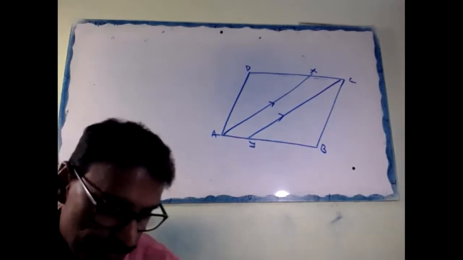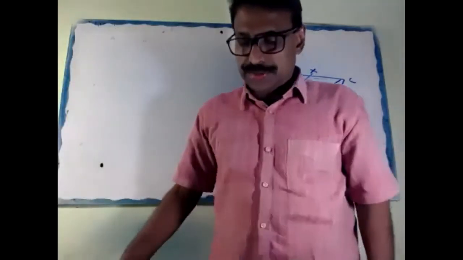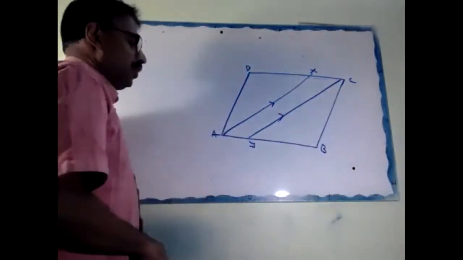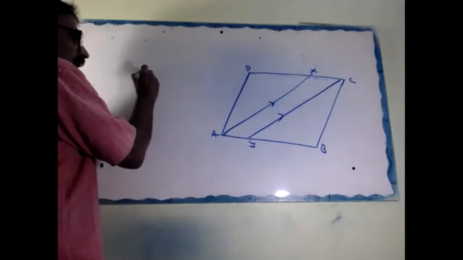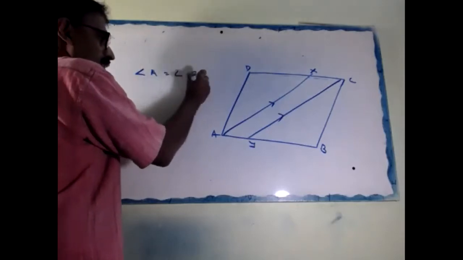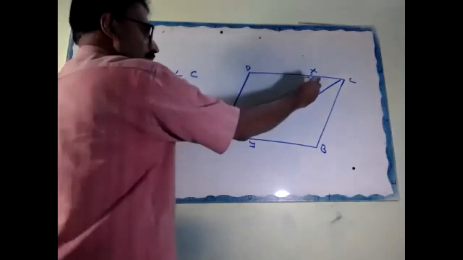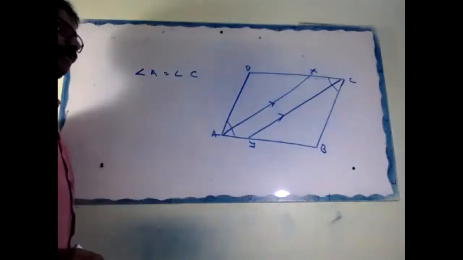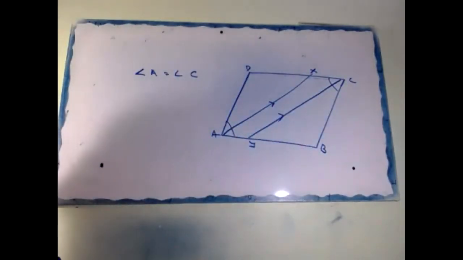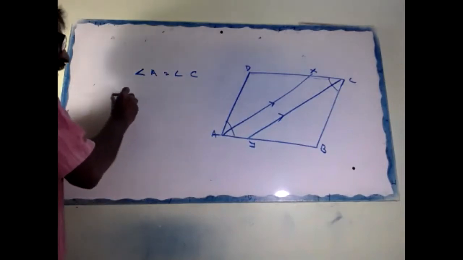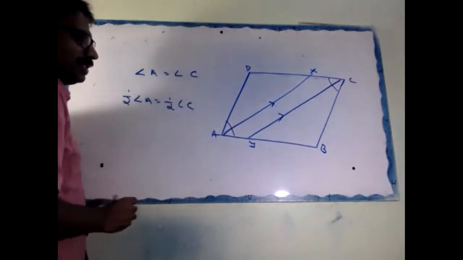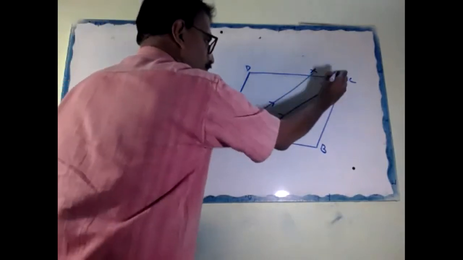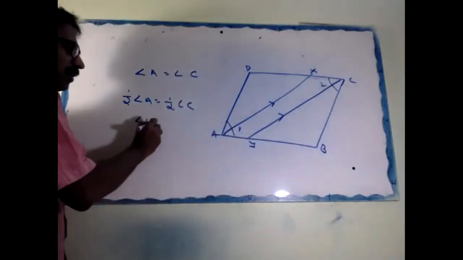Look here. Listen. Angle A equals angle C. Why? In a parallelogram, opposite angles are equal. So half angle A equals half angle C, so angle 1 equals angle 2.